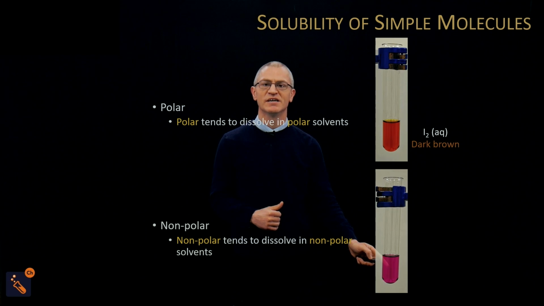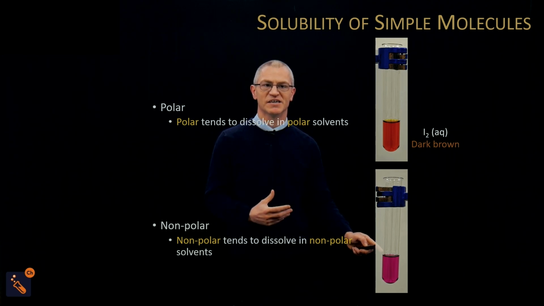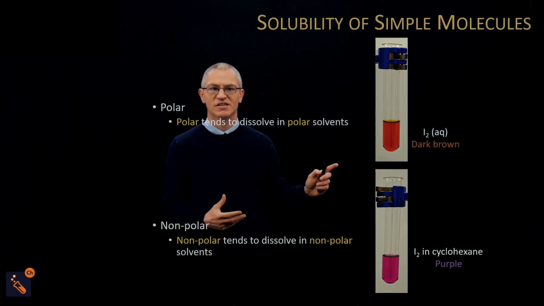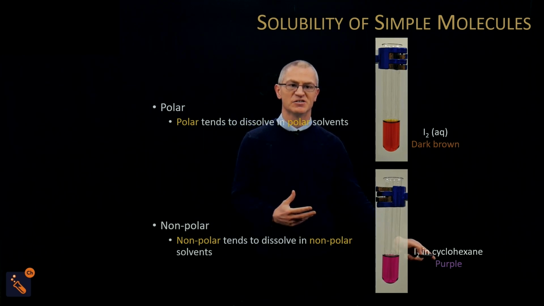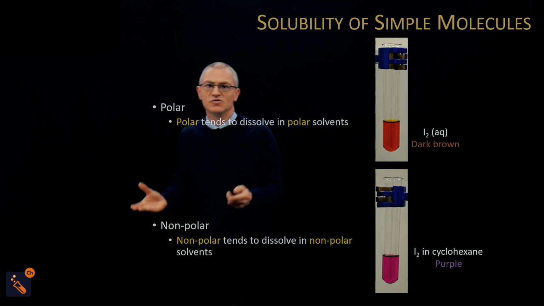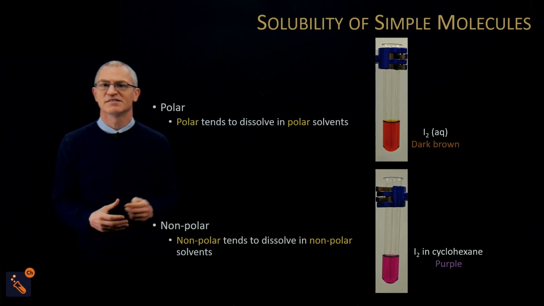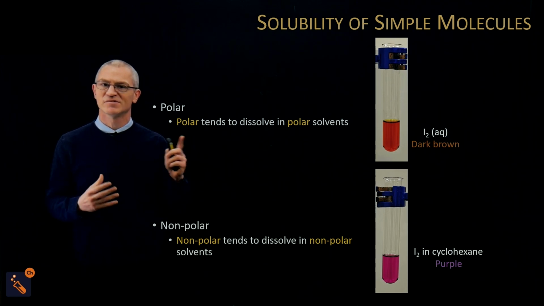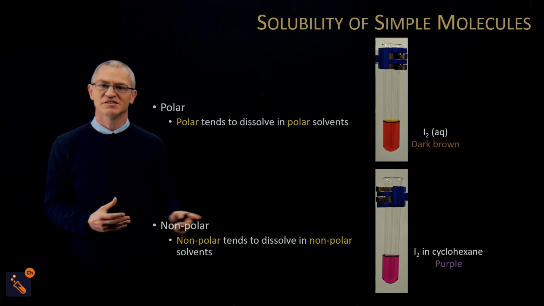So this purple colour is appearing because the iodine is dissolving much more readily in the cyclohexane than it would in the water above, and hence iodine in cyclohexane is a strong purple colour, which is a normal colour. But if you dissolve iodine in water, it is dark brown because there isn't as much dissolving going on because the polarities don't match.